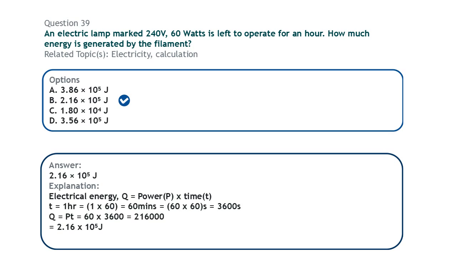If we write this in standard form, we'll have 2.16 times 10 raised to power 5. Remember, 10 raised to power 5 is 100,000.